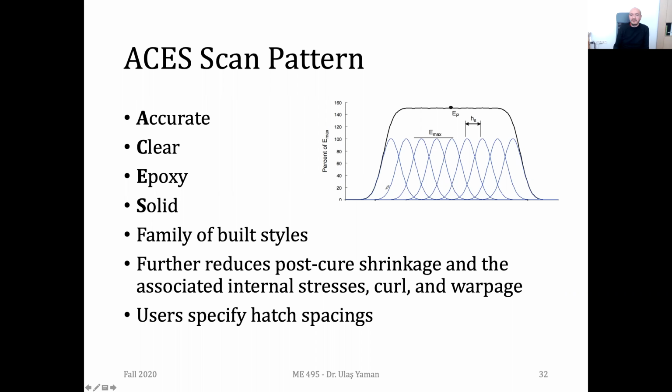Let's assume that this is a specific region, a specific unit cell we want to cure, and in the scanning pattern, we actually pass through the same point 3 times. So that is the first one, let's say.